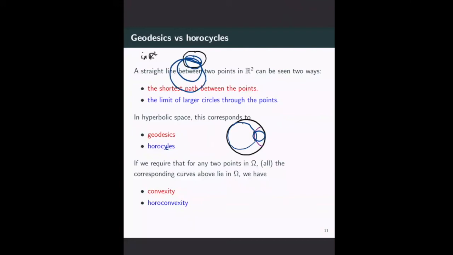Horoconvexity means given any 2 points, any horocycle connecting those 2 points has to be in the domain omega. Horoconvexity implies convexity. Horoconvexity is stronger than convexity.